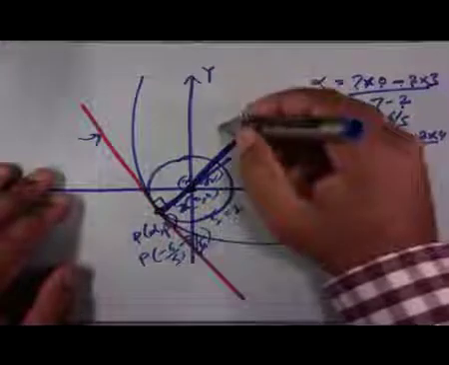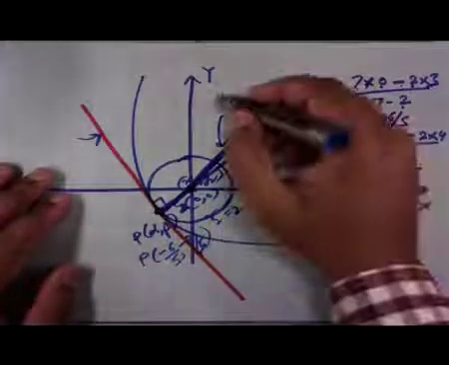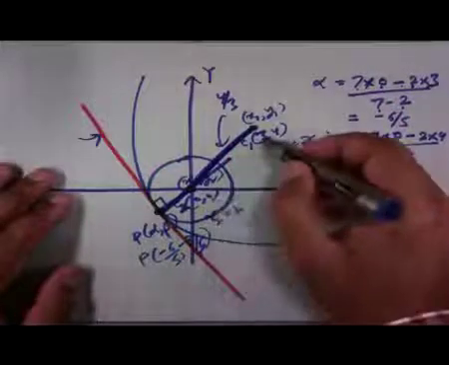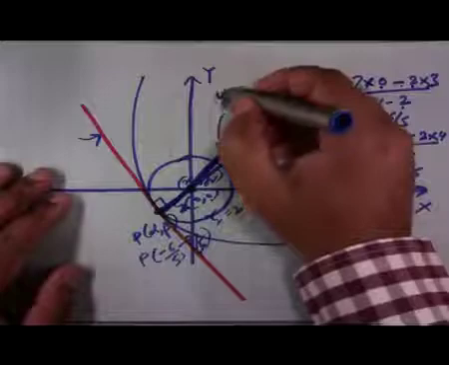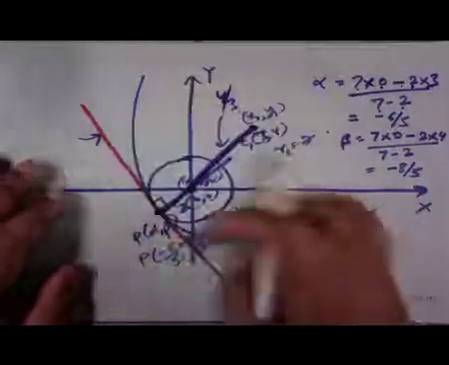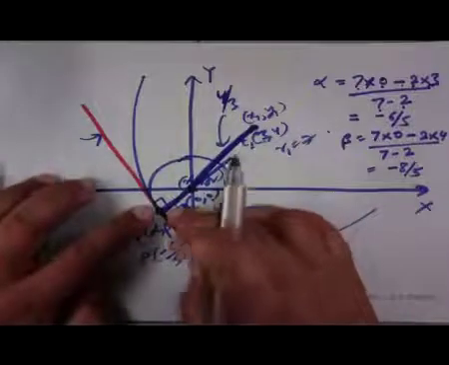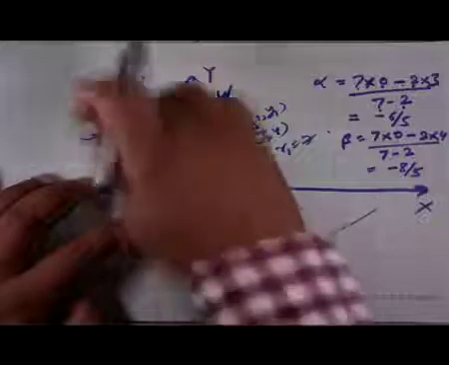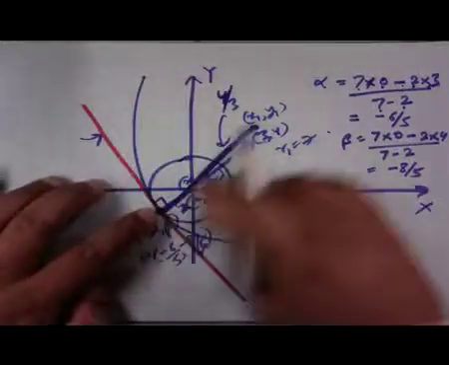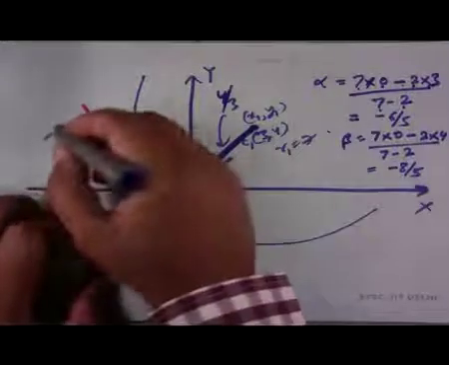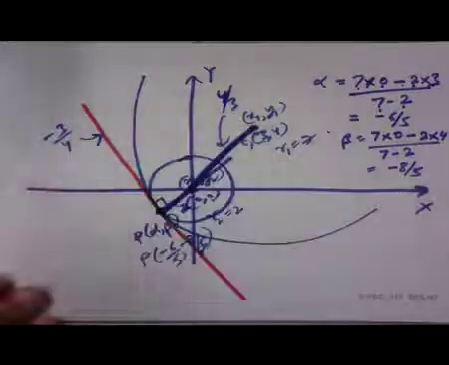Now, the slope of this line is 4 by 3, because it is 4 minus 0 divided by 3 minus 0. And we know that if there are two perpendicular lines, then the product of their slopes is minus 1, and therefore, the slope of this line, which is perpendicular to the C1C2 line, has to be minus 3 by 4.